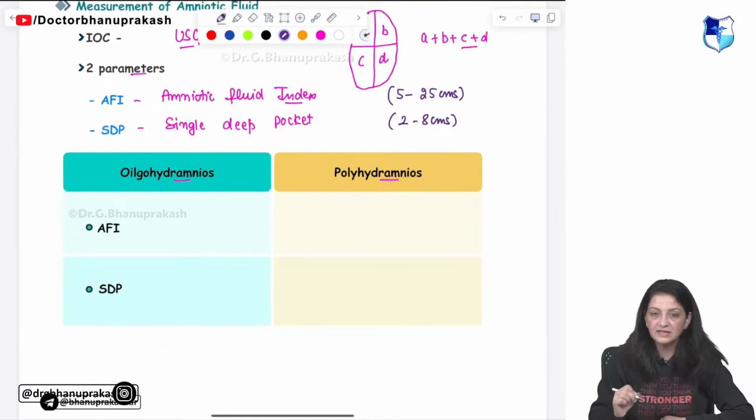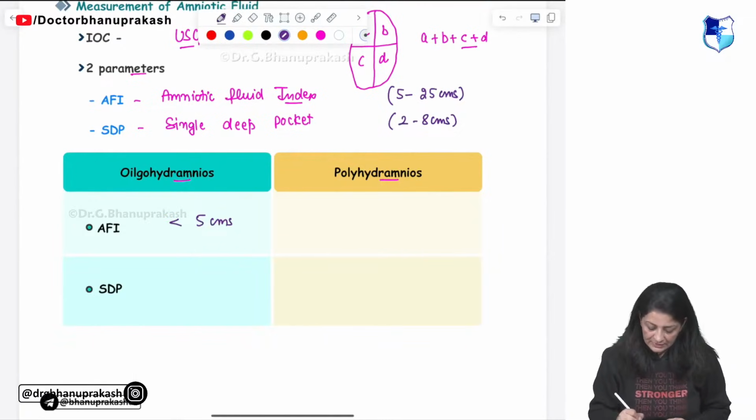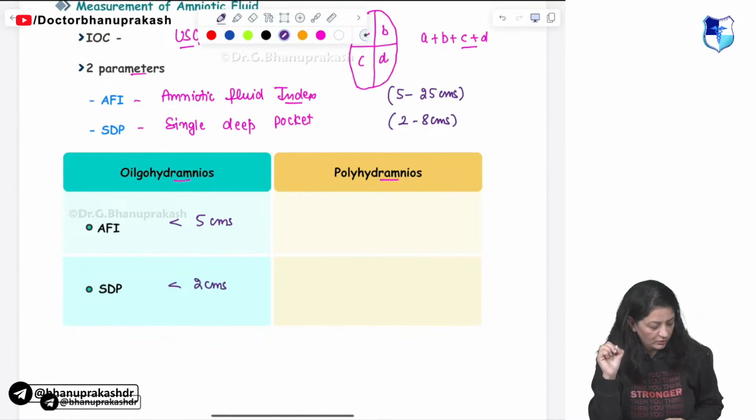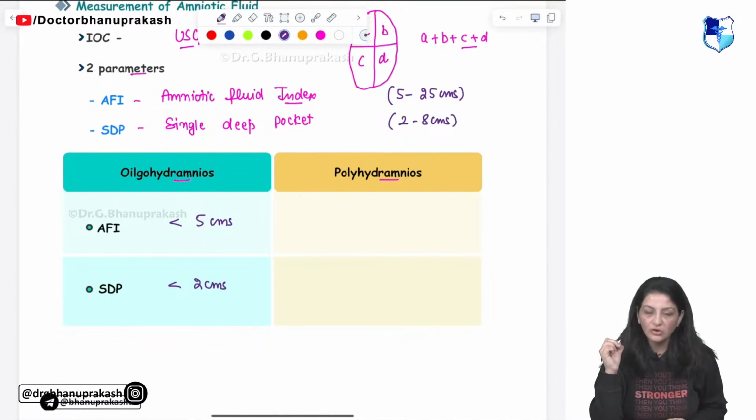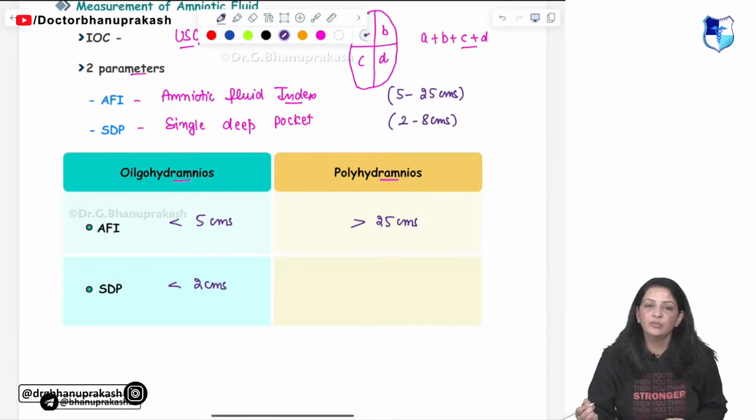If AFI is less than 5 centimeters and single deep pocket is less than 2 centimeters, this is called oligohydramnios. In polyhydramnios, AFI is more than 25 centimeters and single deep pocket more than 8 centimeters.